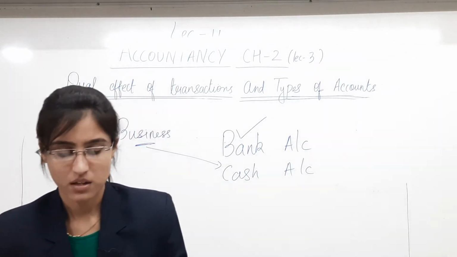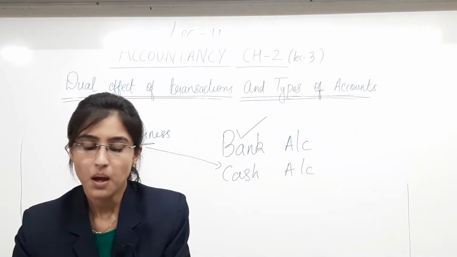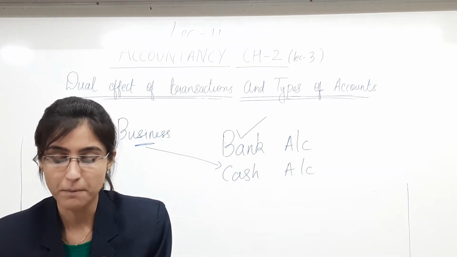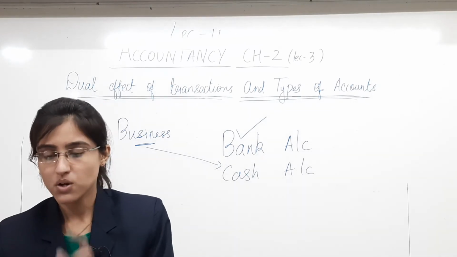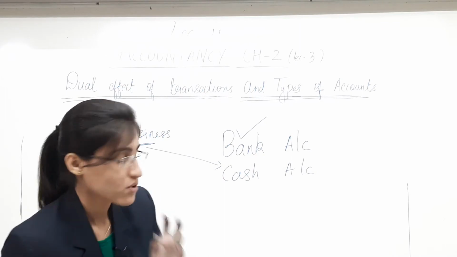Okay. Then the third transaction says Manoj has purchased goods worth rupees 3,000 from Bharti Ben. Who's Manoj? Owner.